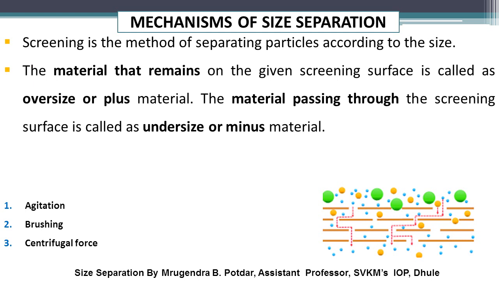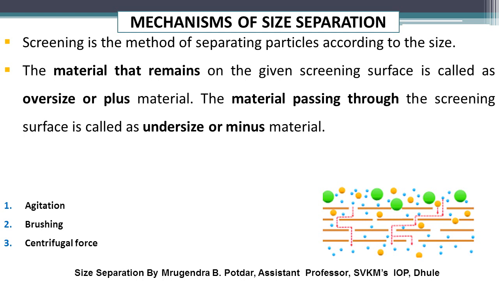The material that remains on the given screening surface is called oversize or plus material. Those particles which are not able to pass through a particular sieve, which are retained as they are after screening, are called oversized particles or plus particles.